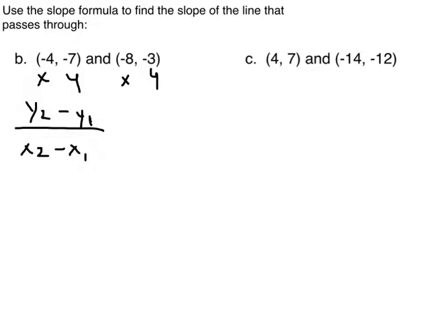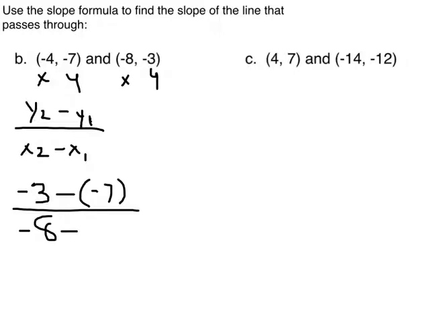The second y is -3 minus the first y, which is -7, over the second x, which is -8, minus the first x, which is -4.